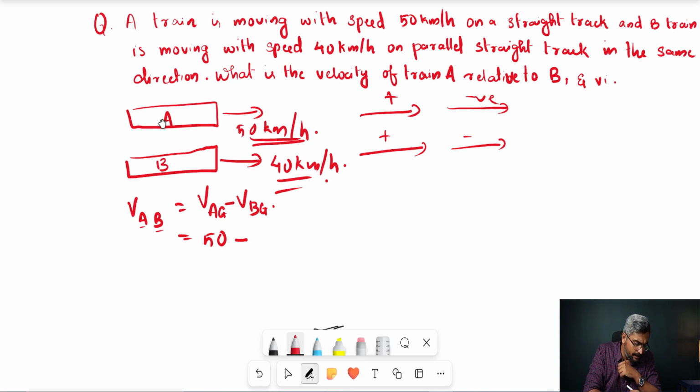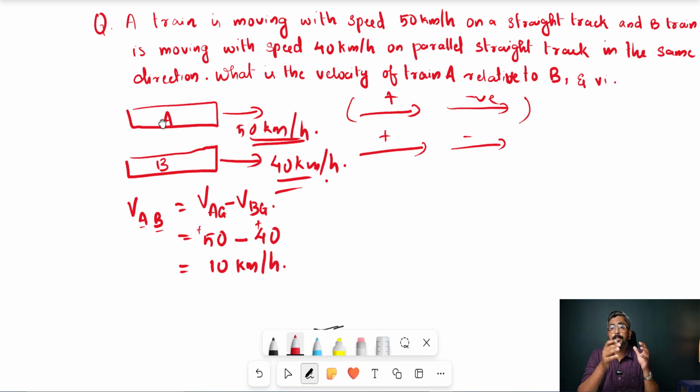Okay, 50 minus, and what happens there? VBG, that is 40, and both are positive, right? Why? Because I have already taken the first case, that is, I'm taking the direction in which the train is moving as positive. So what happens? 10 kilometers per hour.